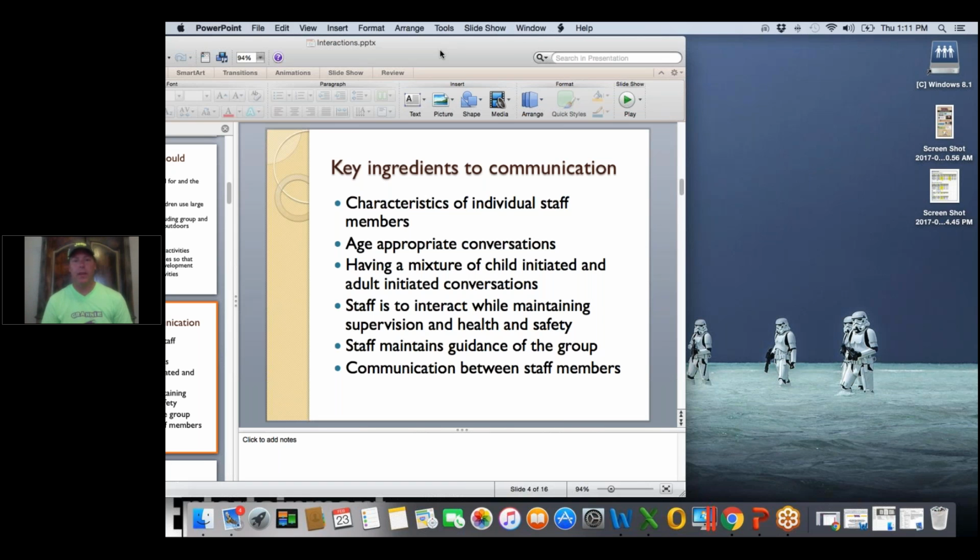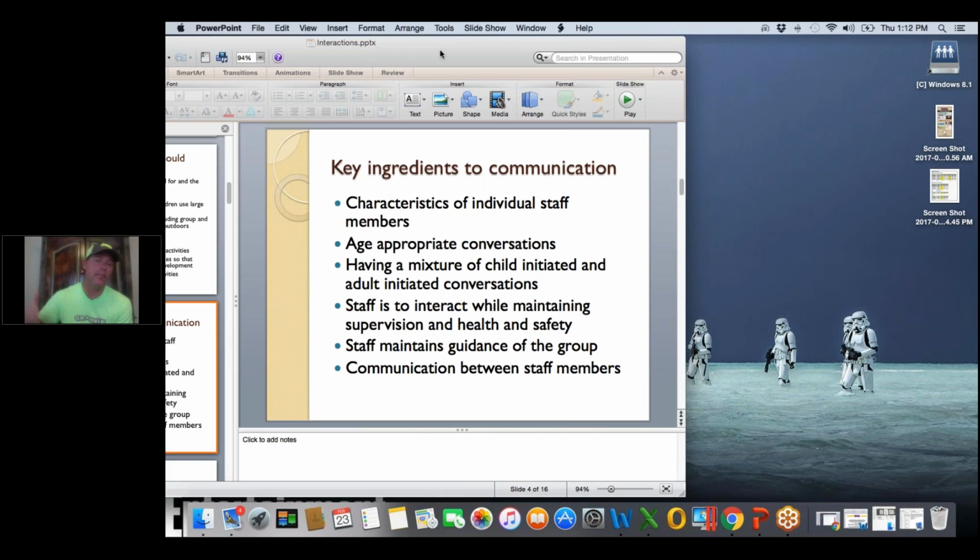Now, also with the characteristics of individual staff members, if you don't plan this well, then you run into personality conflicts because even though they're 2-year-old children, 3-year-old children, 4-year-old children, they could have a personality conflict with the teacher that's going to prevent learning from taking place. The age appropriate conversations, and I know how easy it is in the classroom to get lured into an inappropriate conversation or a conversation that the children may not understand.